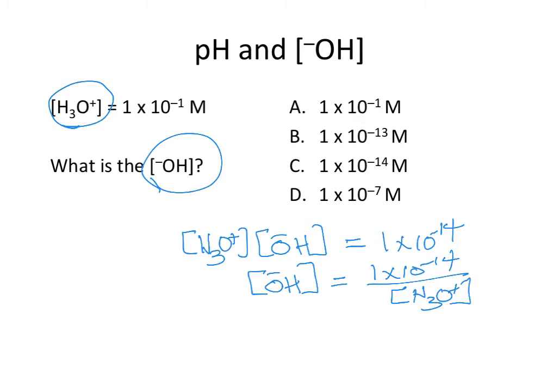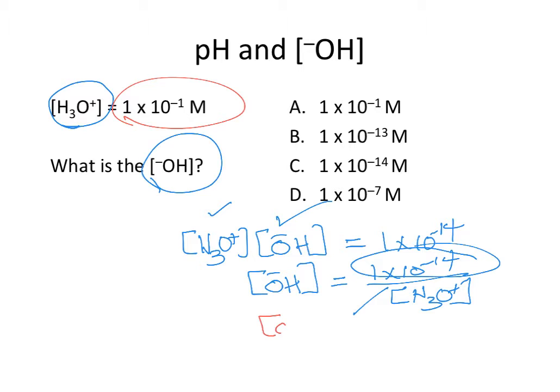You can easily find the concentration of one of these ions if you have the concentration of the other one. You just have to remember that 1 times 10 to the minus 14th always goes on top, divided by the other one. So let's solve this problem they're giving us right here. If hydronium ion equals 1 times 10 to the minus 1, what is the hydroxide? Let's plug in the values.